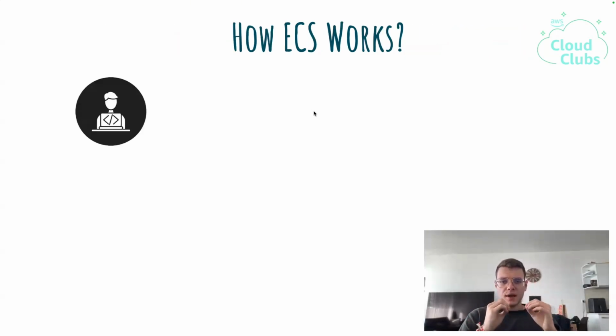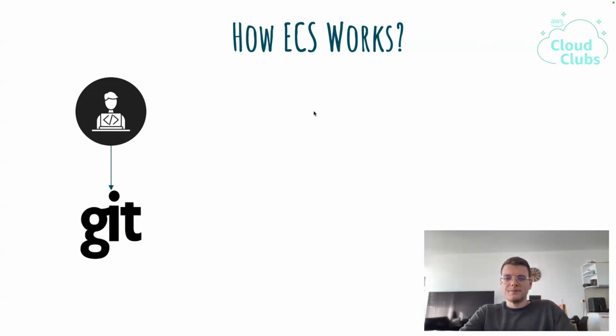So, before we see how ECS works, let's first take a look at how the typical deployment workflow actually looks. We typically start by writing some code for our application, where developers write code, or operators, or DevOps engineers, etc. And typically we use some version control system like Git, where we keep our code, keep the versions, and use best practices like continuous integration, and so on.